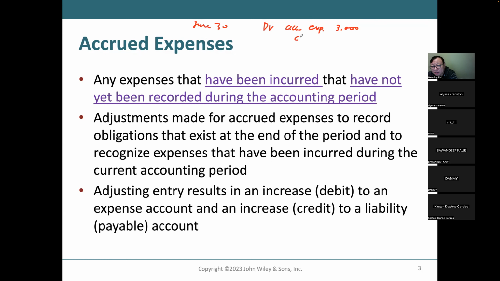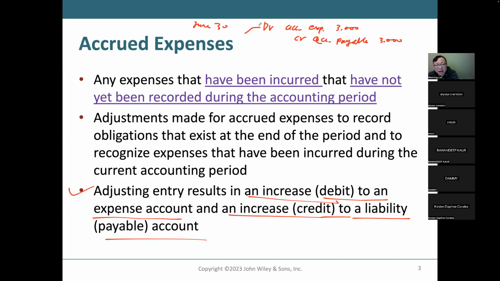So you credit accounts payable for 3,000. So the adjusting entry result is an increase, which is a debit to an expense account, and an increase, or credit, to a liability payable account. So in my example, it's debit the accounting expense and credit the liability, accounts payable, for 3,000.